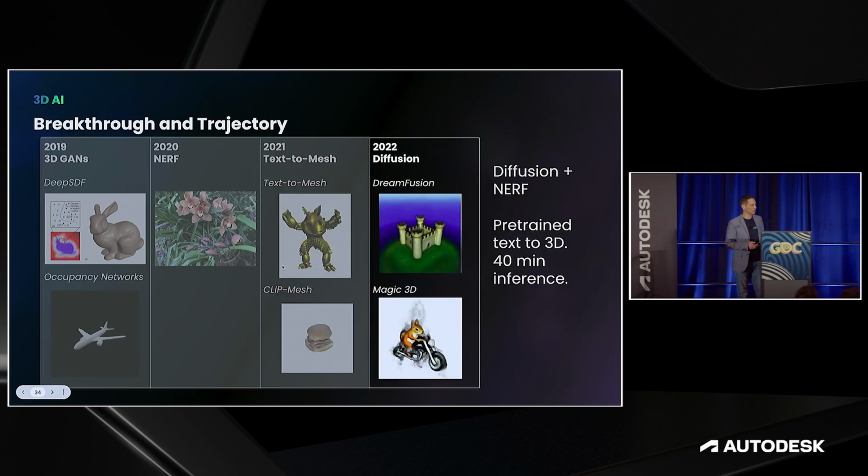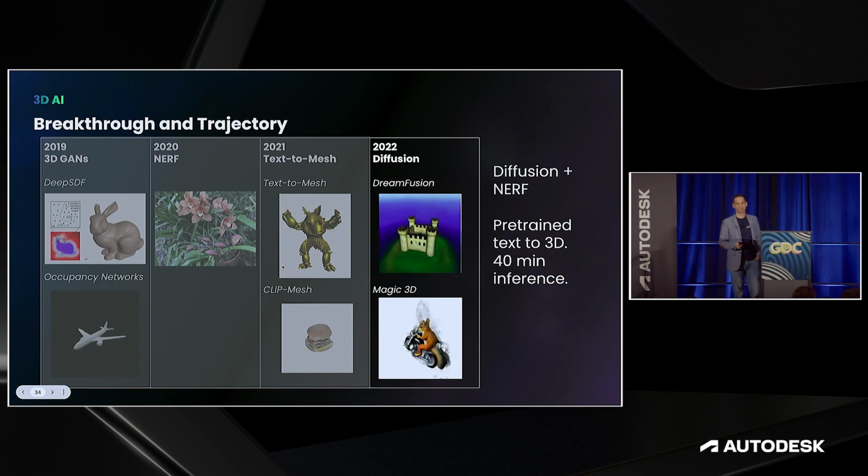Then diffusion came into 3D the year after that. The top one there, DreamFusion, was done by Google. The lower one, Magic3D, is by NVIDIA. What the researchers there have done is put diffusion and NERF together. So you start with a text prompt and turn it into an image with diffusion, and then you take that image and using NERF, create an object out of it.